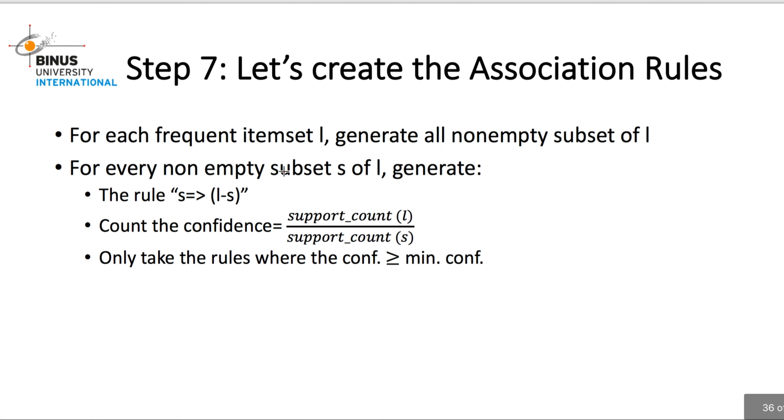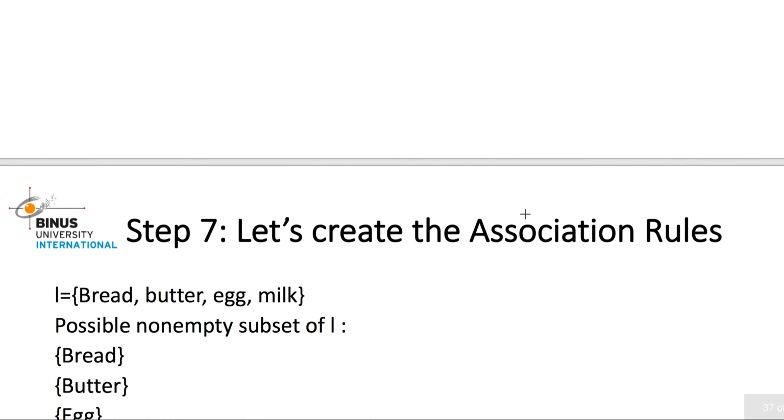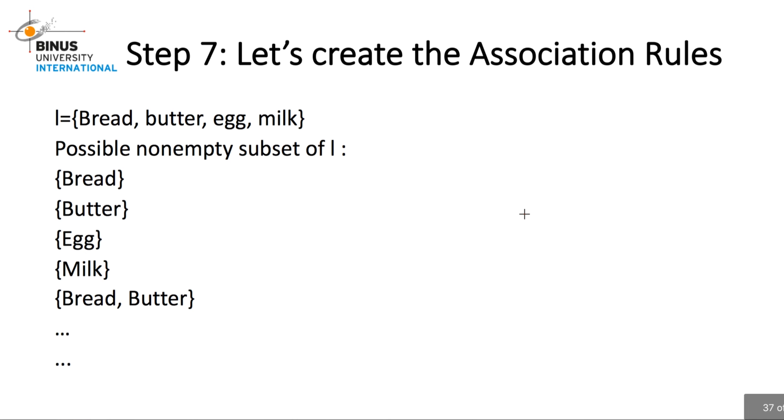Next, in step 2, remember the big steps of the Apriori, we want to create the association rules. We're going to use our frequent item sets to build the rules. How to build the rules is like this. For example, we have L4 in here: bread, butter, egg, and milk.